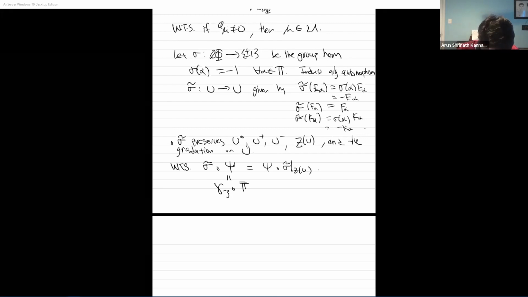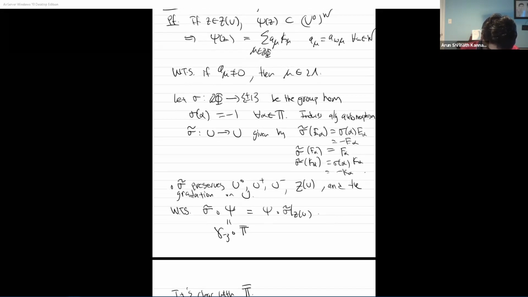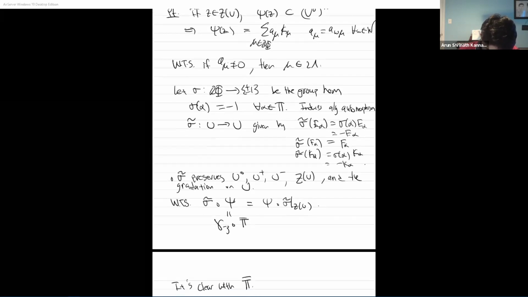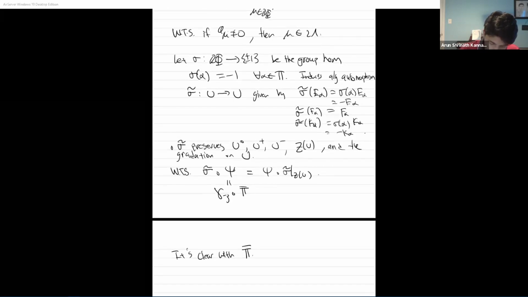But it's clear that it commutes with pi bar because we said that... where did I say this? It preserves the gradation here. And in particular, if you write U lower 0 as equal to U upper 0 direct sum those other pieces, everything is stabilized by sigma twiddle and it commutes there.